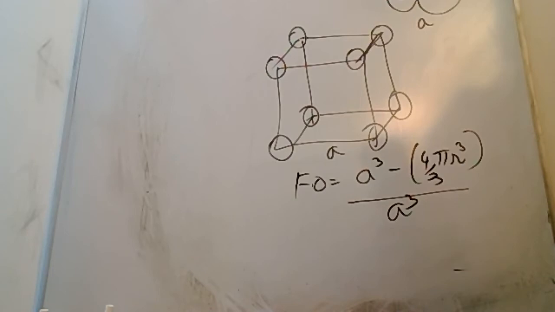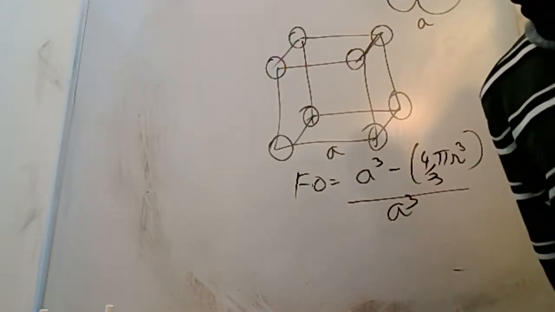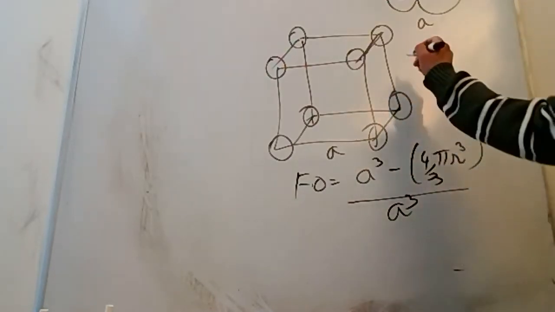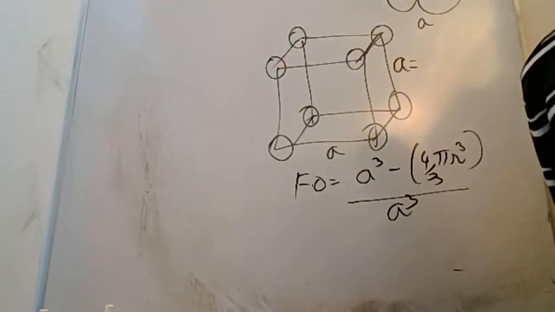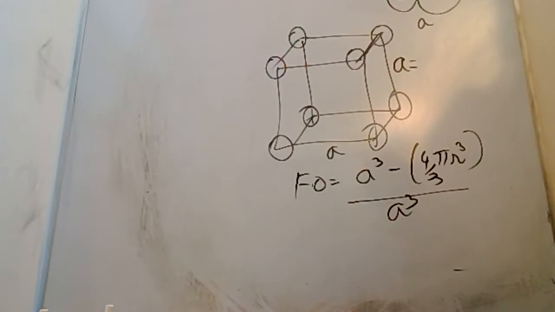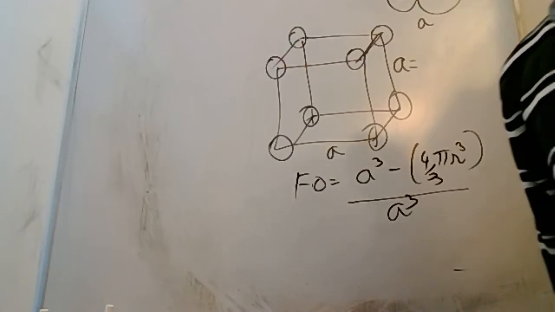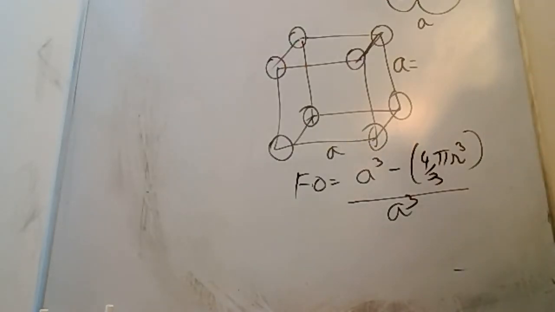And A, if they're touching on the sides, what is the relationship between A and R then? A equals what? Is it 4R or 2R?